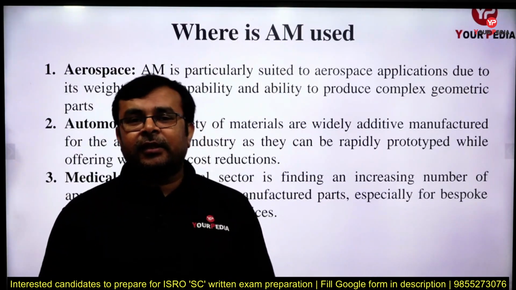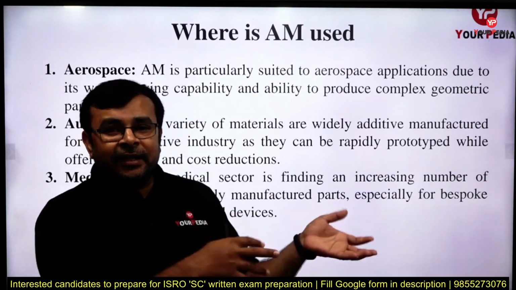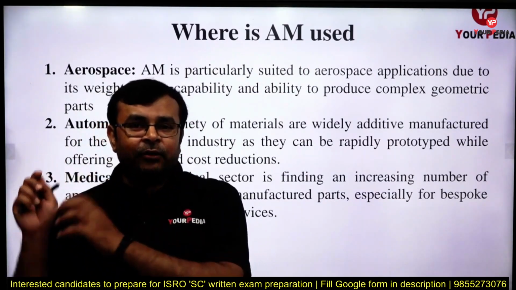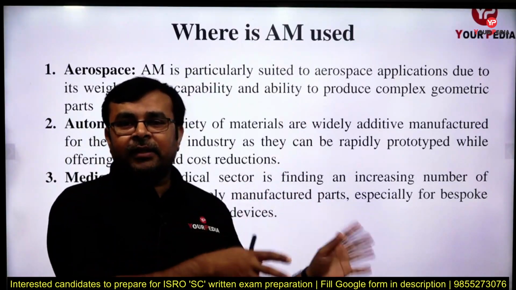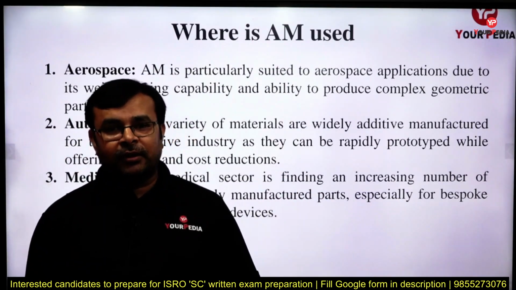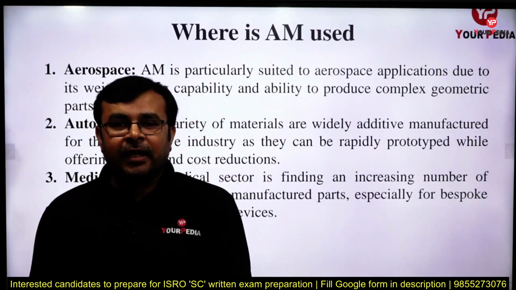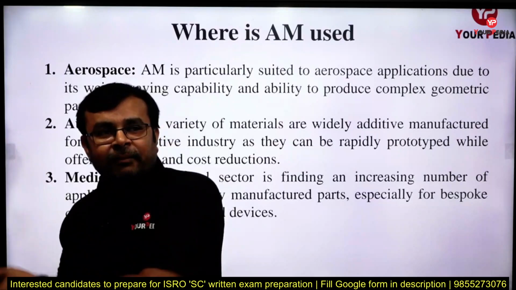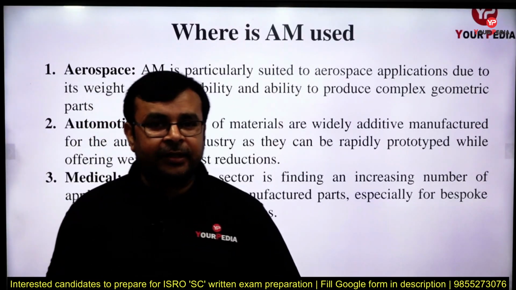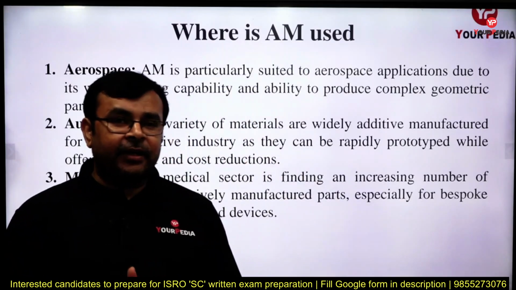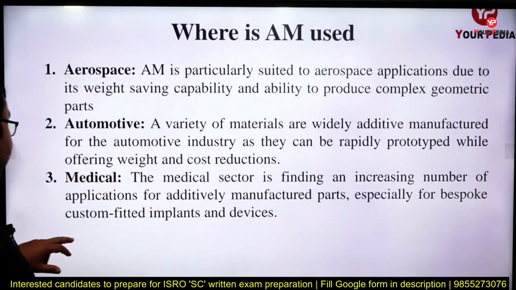So how can you make it? You just use a scanner, scan it, and after scanning you can get the direct CAD model. So from the object we can make a CAD model, and using the CAD model you can make another object. This is one of the biggest advantages of this process, correct.